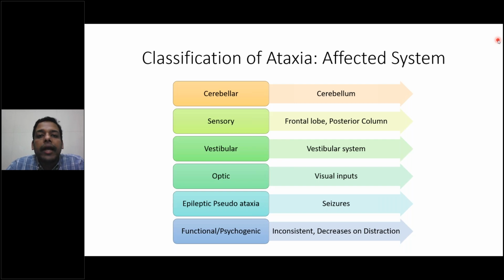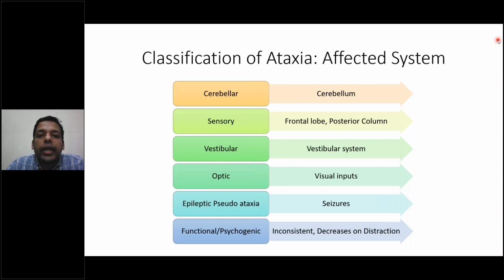Then ataxia may also be seen as a form of seizures, in which it is referred to as epileptic pseudo-ataxia. That is not true ataxia, that is pseudo-ataxia. And another thing that we need to know is functional or psychogenic ataxia.